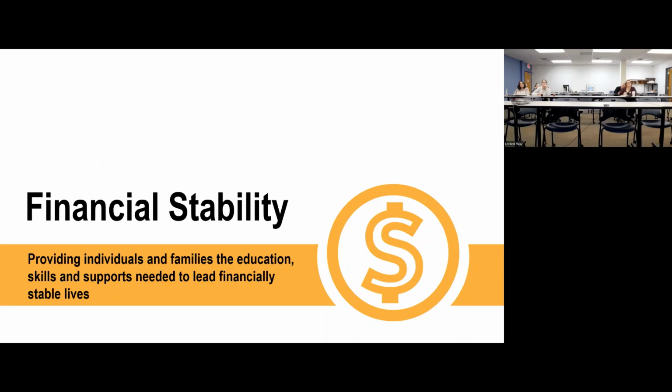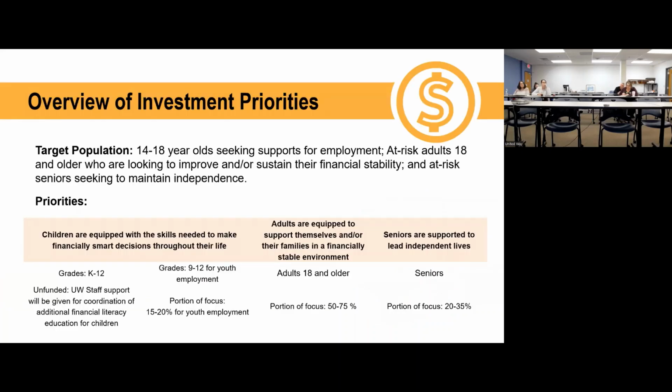Financial stability for United Way is all about providing individuals and families the education, skills, and supports needed to live a financially stable life. We've got three priorities for financial stability, and those are broken out across the age ranges. For children, we want to make sure they're equipped to make financially smart decisions, so we're looking at employment and financial literacy.